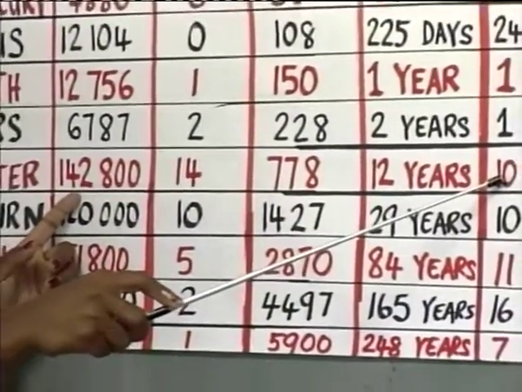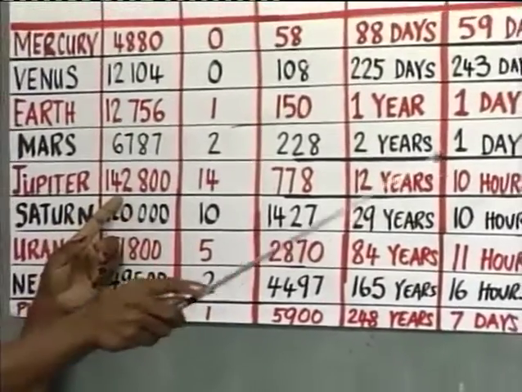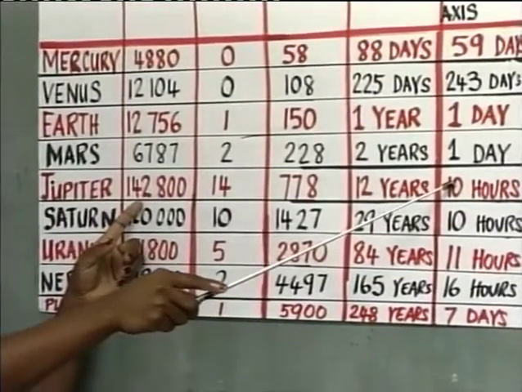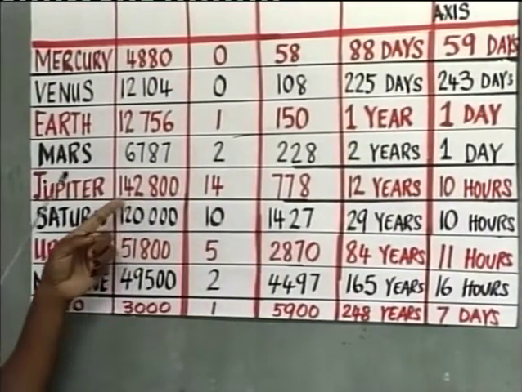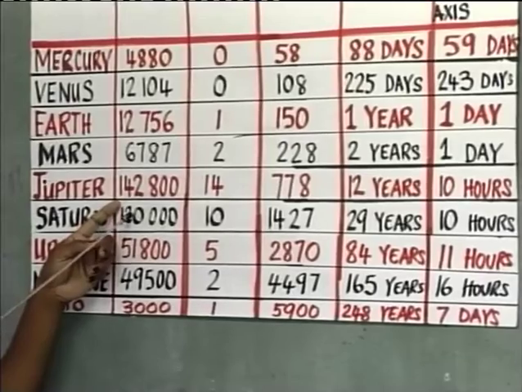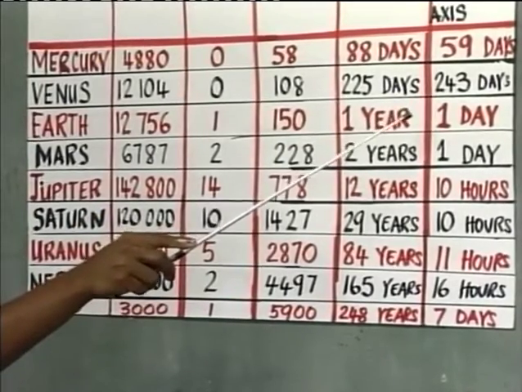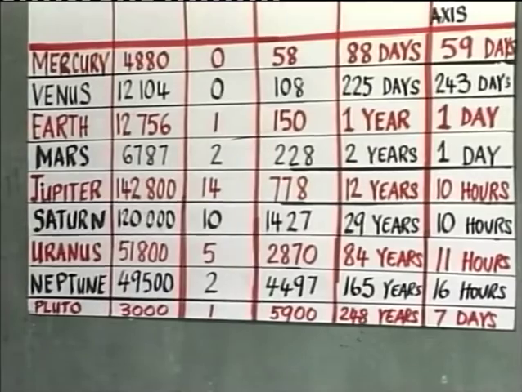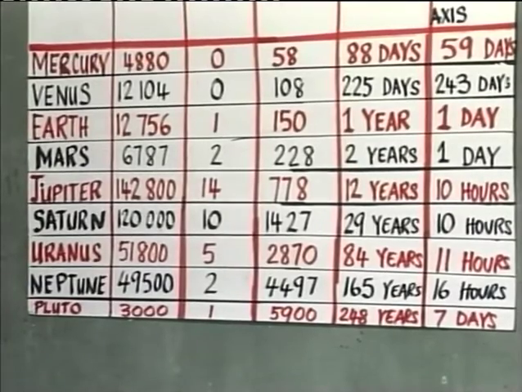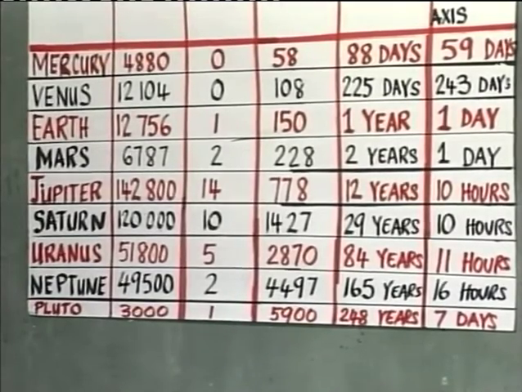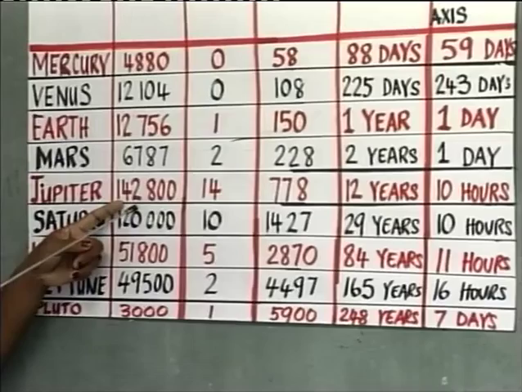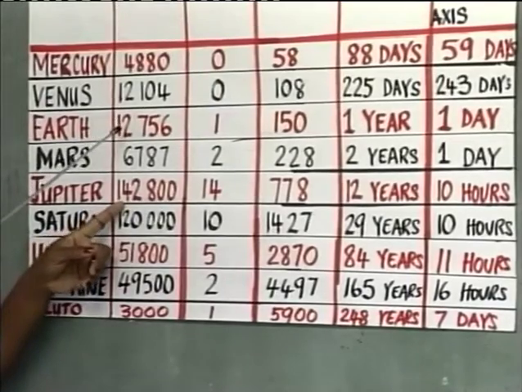Why is it that Jupiter turns faster than the Earth, even though it has a larger diameter in comparison to the Earth?